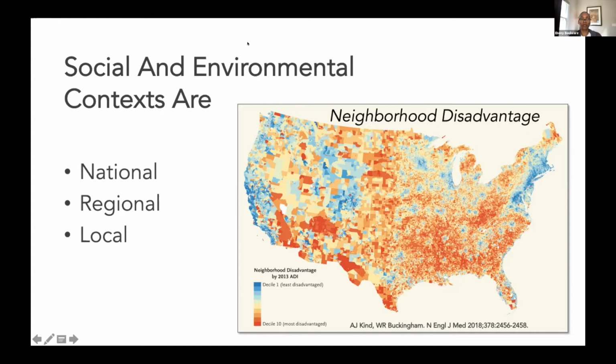And so it just brings out that a lot of these contexts that we're thinking about, where we're trying to link social environmental context to biology, are not just happening at a national level, they're happening at a regional level, and they're happening at a very local level. So understanding individuals' contexts at all of those levels would become relevant.